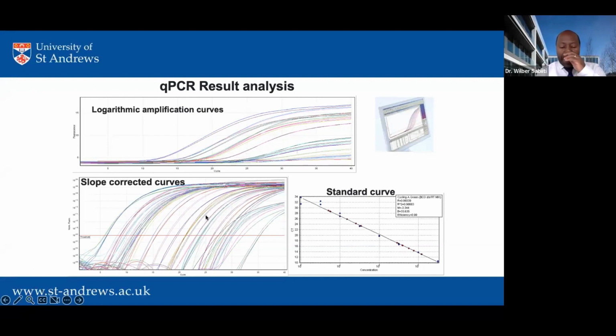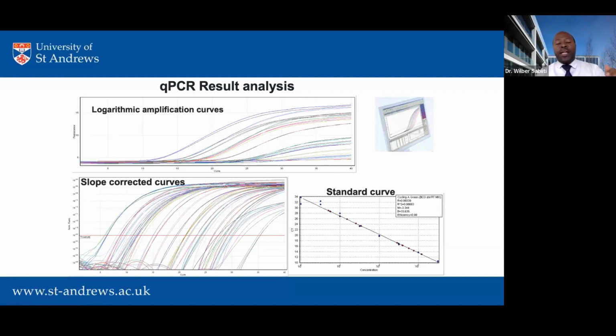And with the Rotor-Gene machine, it has software that will correct the curves and the slopes of the curves so that they are good to be analyzed, because the threshold line should go through the middle of the exponential part of the curve, so that you have a balanced sensitivity and specificity.